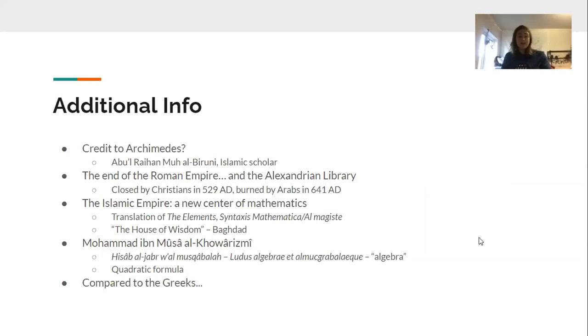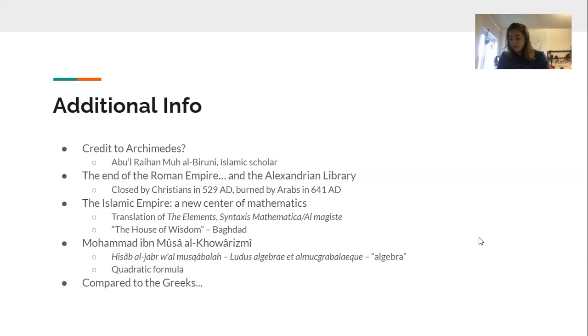I said it was the Arabs who burned that down. It's kind of interesting because they were the next center of mathematics once the Roman Empire ended. They started translating a lot of the classics. There was the Elements by Euclid, which we went over a couple weeks ago. And then there's Syntaxis Mathematica, which was written by Ptolemy, a mimic of the Elements but about astronomy instead, which is really cool stuff.